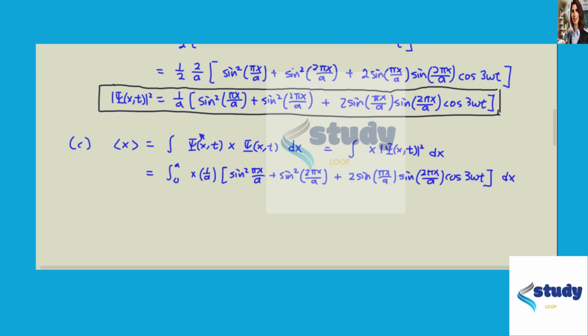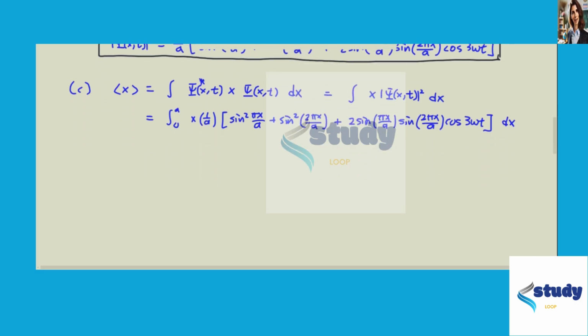So here there are three integrals that we need to do. I'm just going to do them one by one. It makes it easier. So 0 to a, x sine squared pi x over a dx. This gives us a squared over 2. This is also the same for x sine squared 2 pi x over a dx.